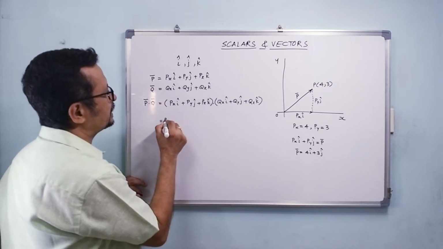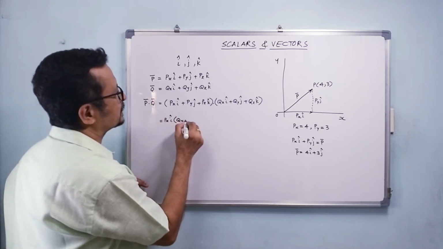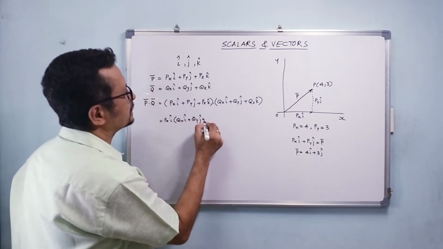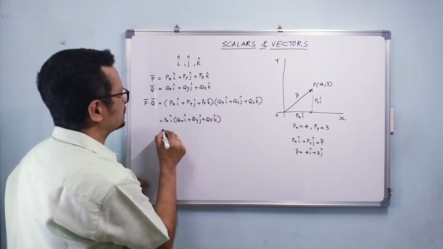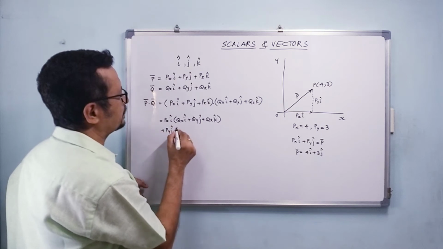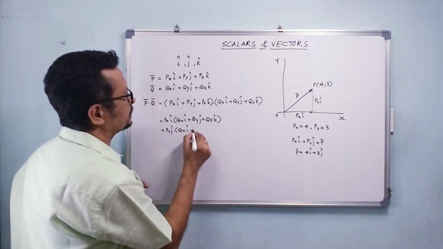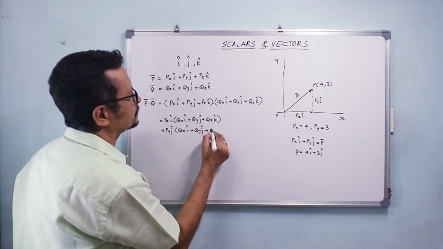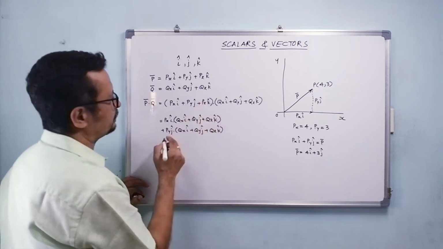So it would be px i cap dot (qx i cap plus qy j cap plus qz k cap), plus the second vector py j cap dot (qx i cap plus qy j cap plus qz k cap), plus the third vector.